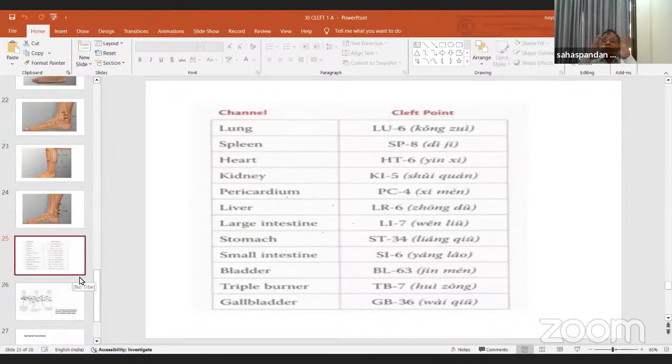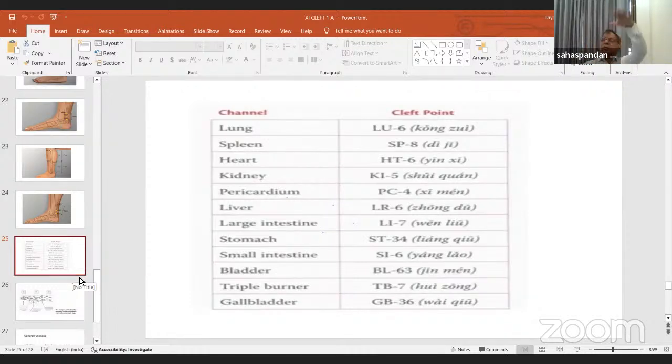So a more clinically useful conception would be an area where channel chi is filtered and flow is controlled. So Xi-Cleft points are like channel gates. It is like a movable gate on the channels, allowing chi to flow under it.